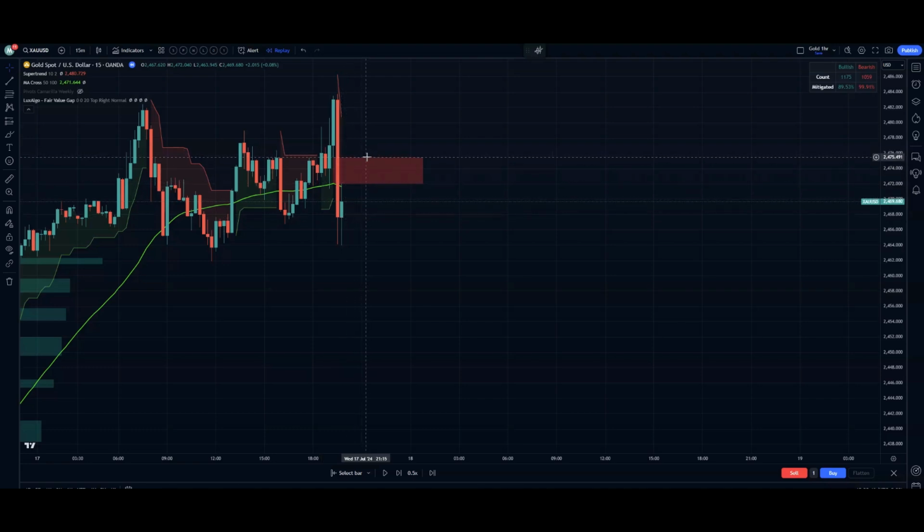Our SL would be the low of the bar, 2475.48, so we can do 2475.5. That's $3.5 risk, and the target is the bottom of the initial bar, 2464. That's an $8 target for a $3.5 risk.